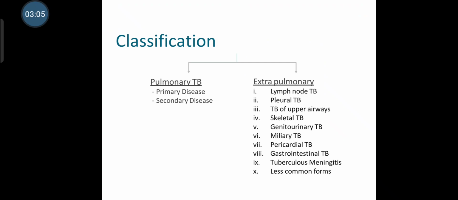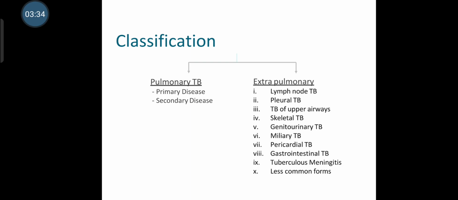Next is the classification of tuberculosis. Tuberculosis can be classified into pulmonary tuberculosis and extrapulmonary tuberculosis. Pulmonary, as the name indicates, is tuberculosis associated with the lungs. Extrapulmonary tuberculosis occurs in organs other than the respiratory system.